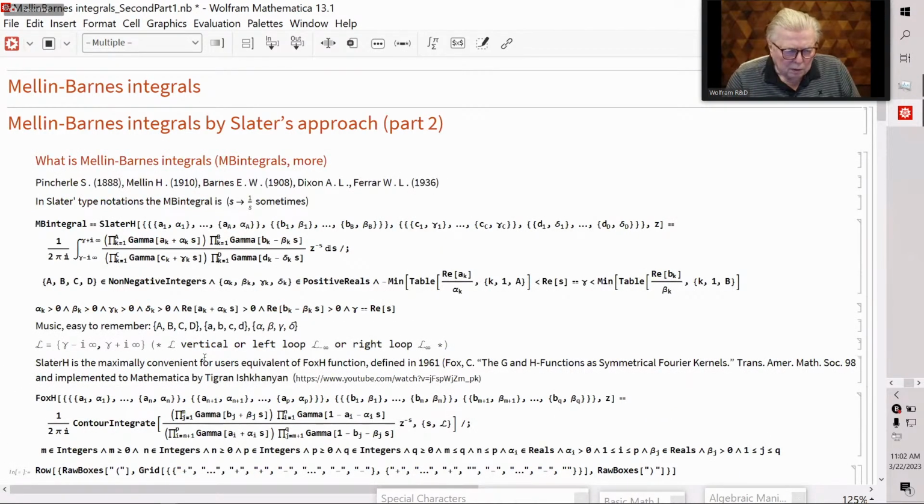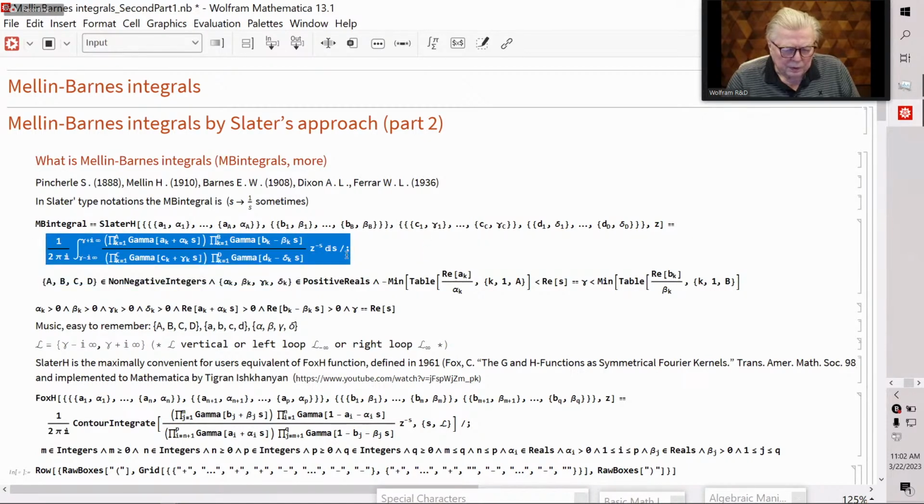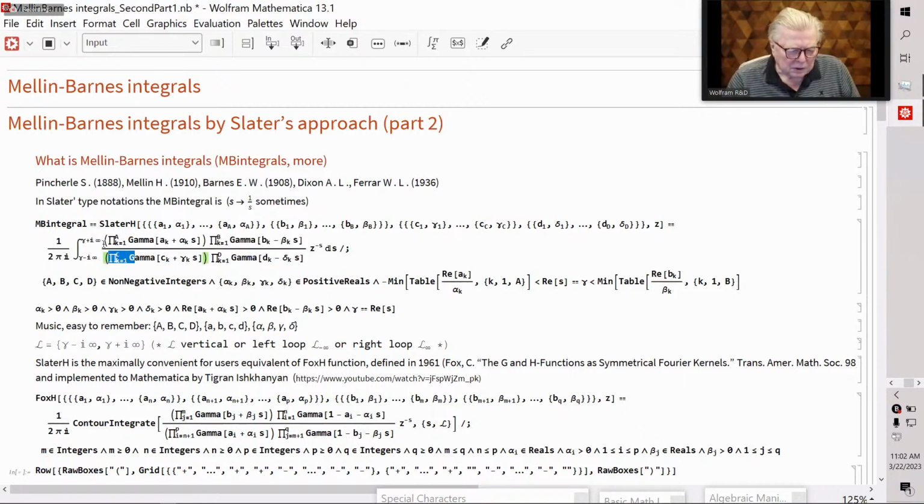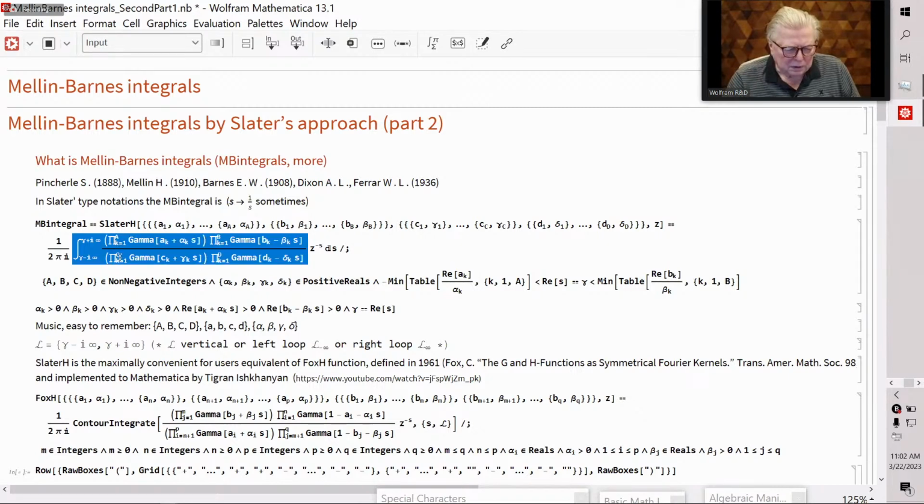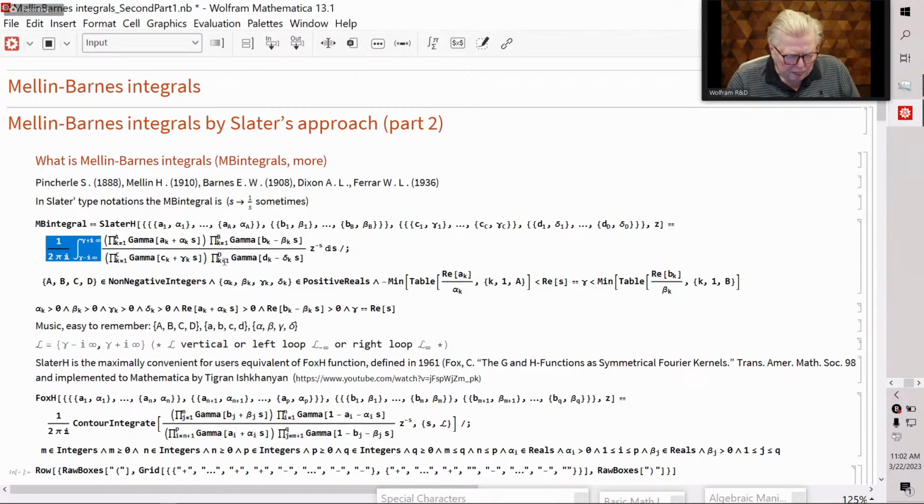So, these integrals are defined by the Mellin-Barnes integral when we have integration by contour. For simplicity, I took here a vertical line, which is parallel to the imaginary axis.